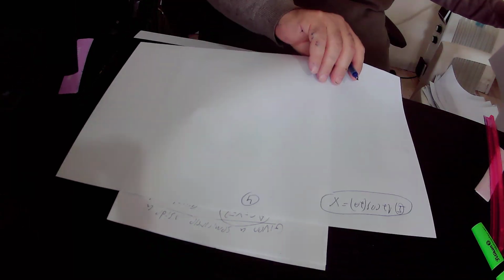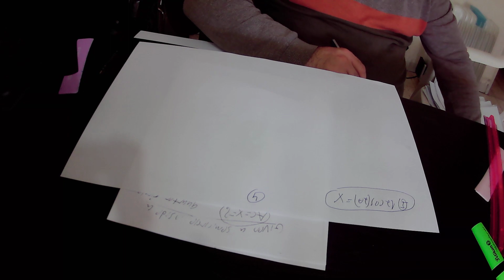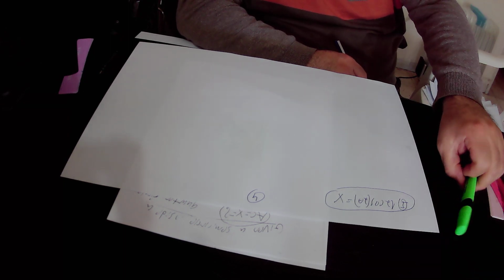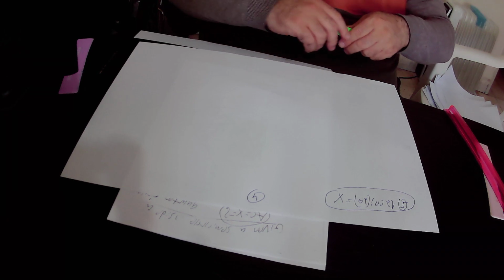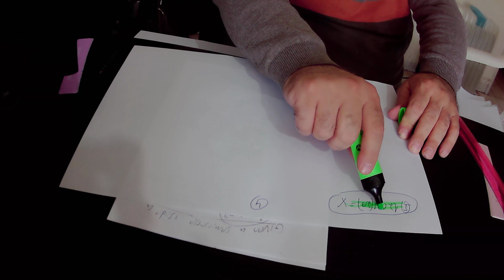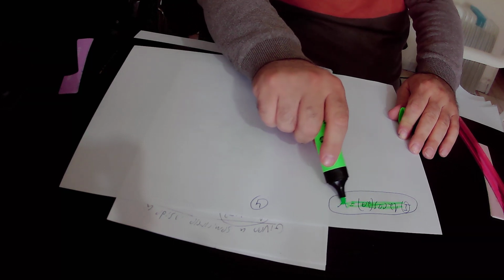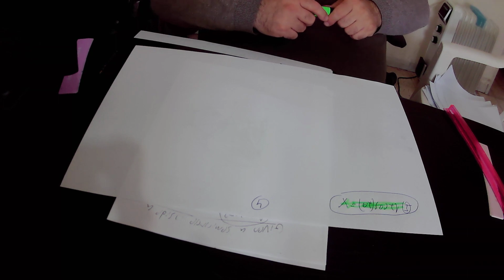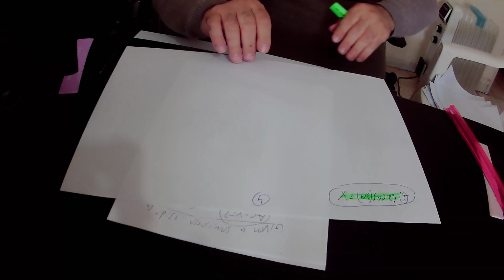In conclusion, according to equation number 1, we found out that 12 times cosine 2 theta equals x. So the only thing left to do in order to find the length of line segment x, the line segment that we are looking for, is to find the value of cosine 2 theta.